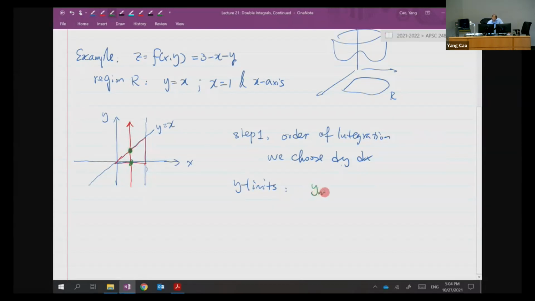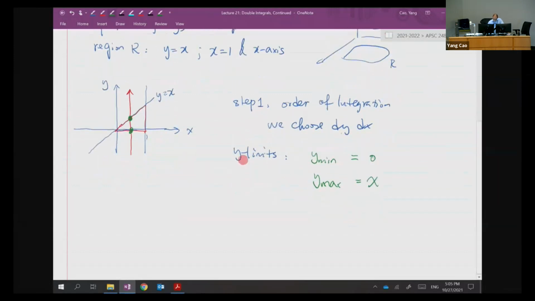It doesn't matter where you sketch this arrow line, you can sketch it here or here, as long as it crosses the region R. The first contact is always 0, because it's at the bottom boundary. The second contact always falls onto the straight line y equal to x, so y max is x. This is how you find the y limits.